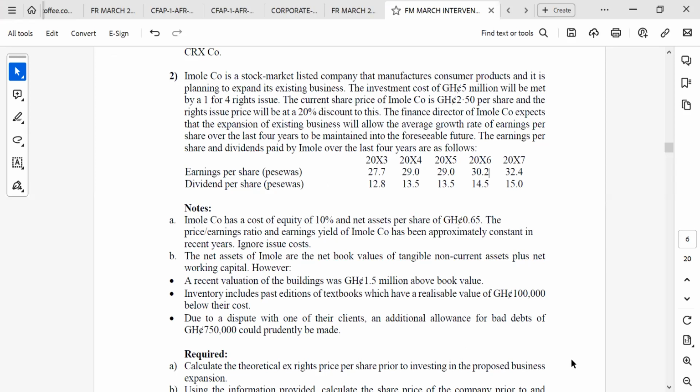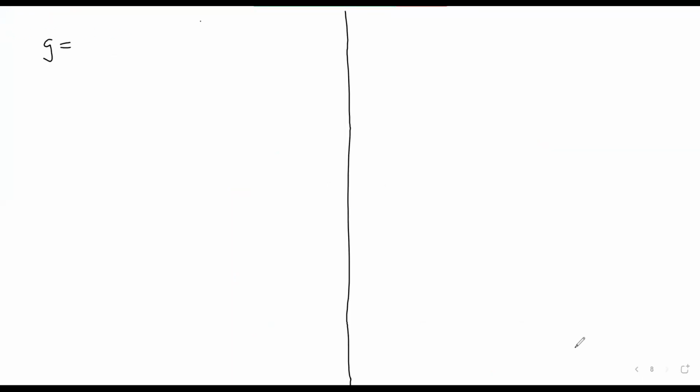The growth is the same as how we calculate dividend growth. So the growth will be calculated as E1 over E0, which is the current earnings divided by the old one, all of these to the power 1 over n, minus 1.